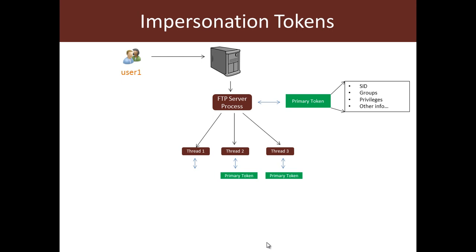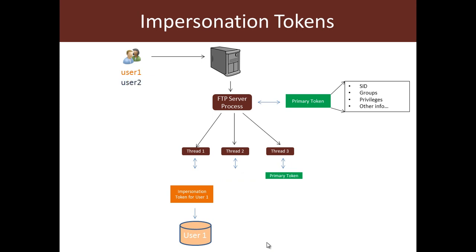This is done by creating an impersonation token for user 1. Now, thread 1 uses this impersonation token, which is created after user 1 authenticates using his credentials. And then using this impersonation token, thread 1 is able to access anything which user 1 is allowed to access.